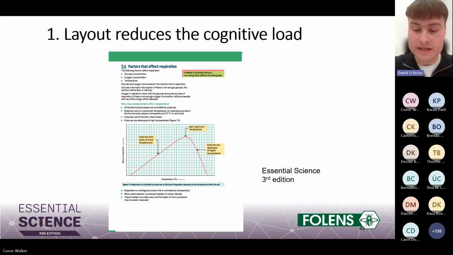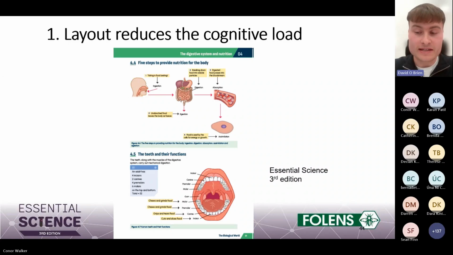And to begin with, every single page in the third edition of Essential Science is specifically designed to avoid information overload and to reduce the cognitive load on students. Next slide. We have an example there of the digestive system, and the layout of the pages through illustrations really avoids too much information on our learners.